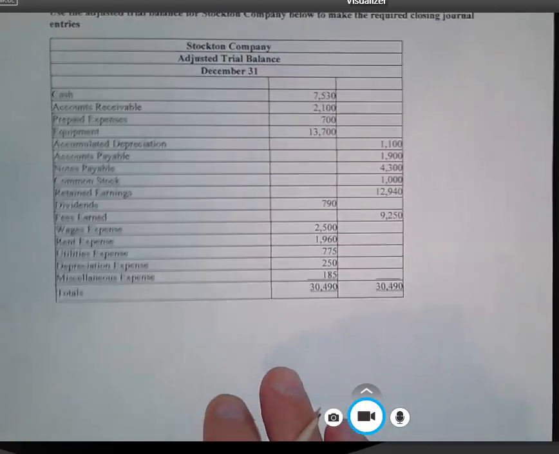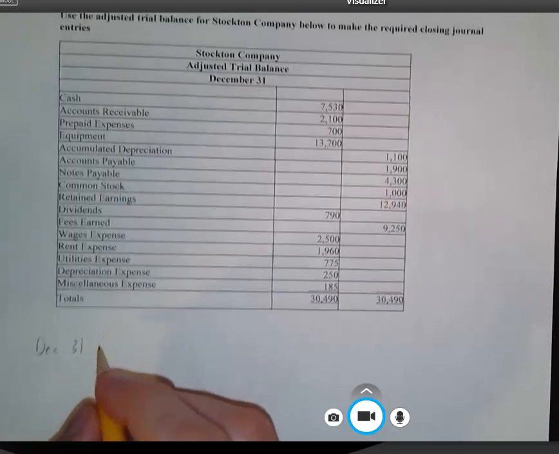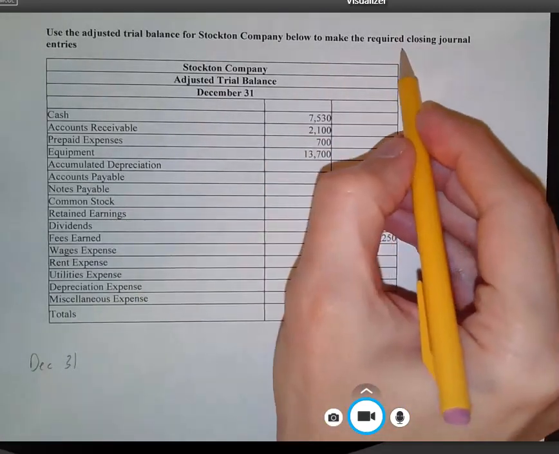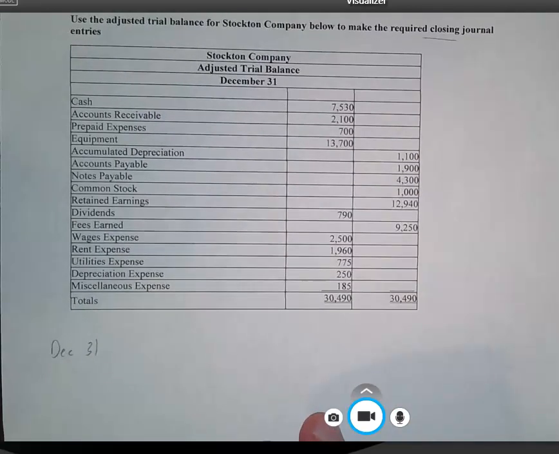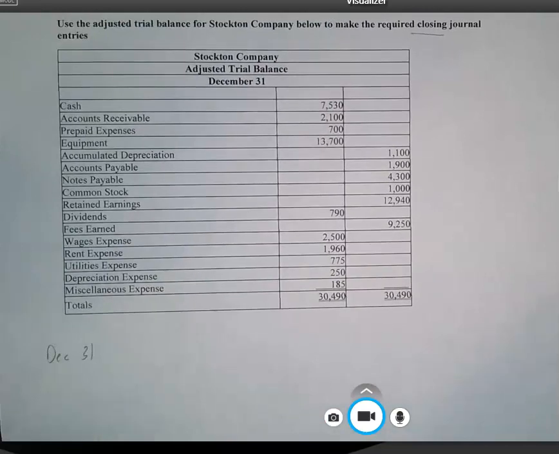So what we're going to do, let me see here real quick if I can get this. So again, we're going to be making closing journal entries. Okay. And let's see here. So December the 31st, the first thing that we're going to do is fees earned, our revenue account, this $92.50. We need that to be 0 by tomorrow, by January the 1st.